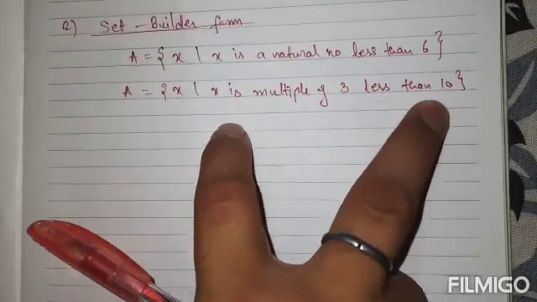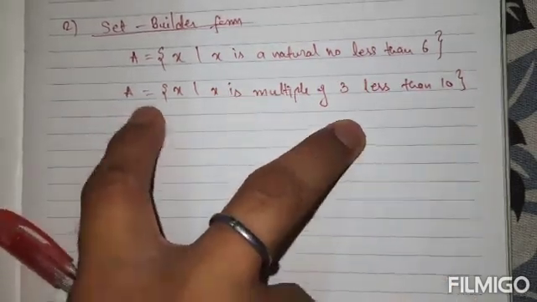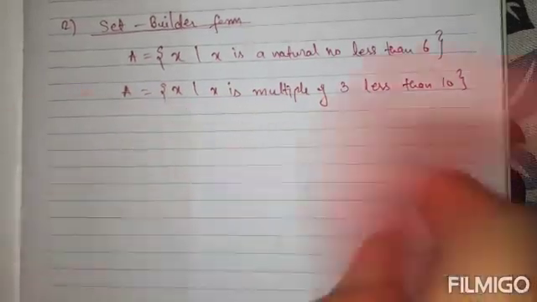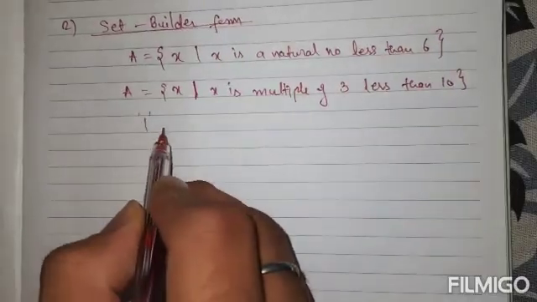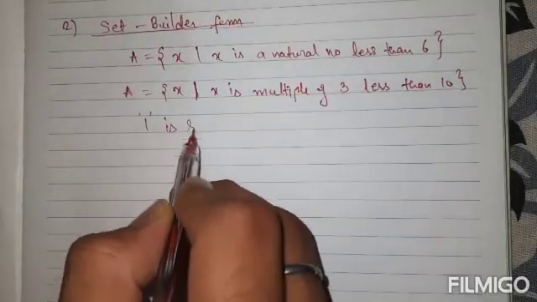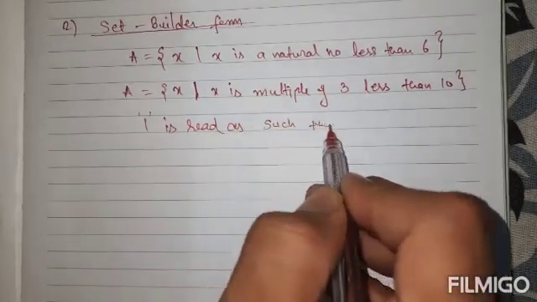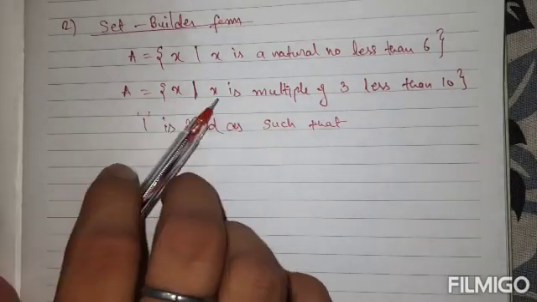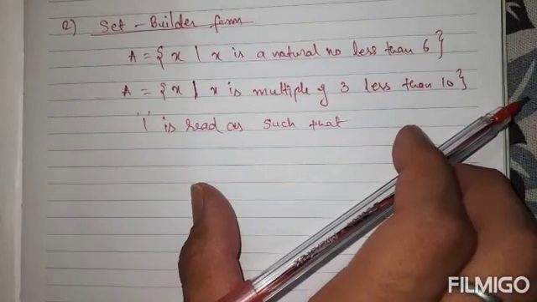Now it is important to note how to read this. It is read as A is the set of all x. This vertical line is read as such that. So you have to read in this way: A is the set of all x such that x is a multiple of 3 less than 10.